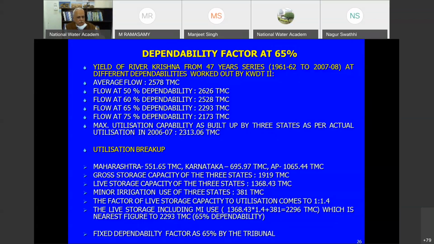In addition, minor irrigation storages by all the three states is 381 TMC. So therefore, the total storages available can handle 2296 TMC, which is nearest to the figure of 2293 TMC at 65% dependability, and therefore they fixed the dependability factor as 65%.